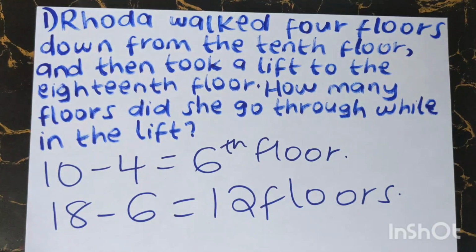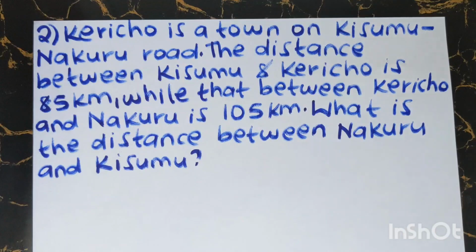Are we together? Let's go through one last example. Kericho is a town on Kisumu-Nakuru Road. The distance between Kisumu and Kericho is 85 kilometers, while that between Kericho and Nakuru is 105 kilometers. What is the distance between Nakuru and Kisumu? Okay? So we've been told that Kericho is a town on Kisumu-Nakuru Road.